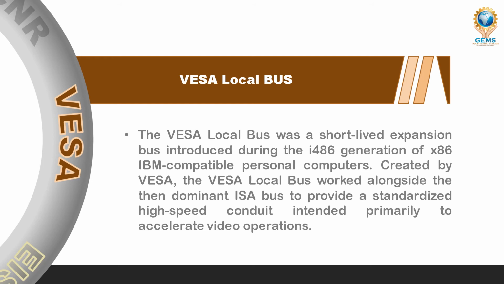It was created in 1992 and superseded by PCI, and the bandwidth of this VESA slot is 32 bits. We can connect up to 3 devices in a slot, and its speed is 25 to 40 megahertz, and it is a parallel type of slot.